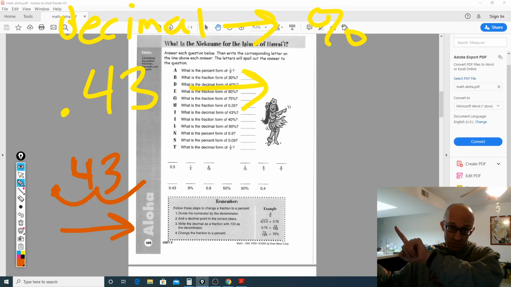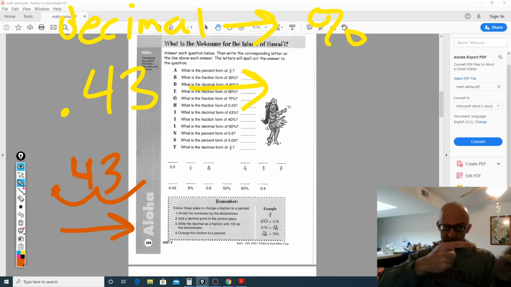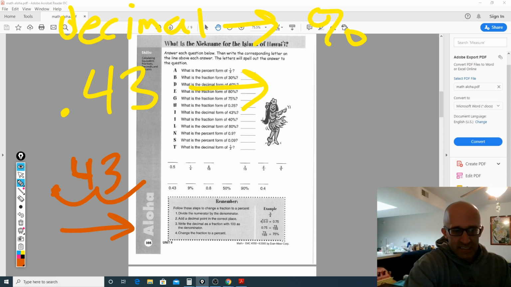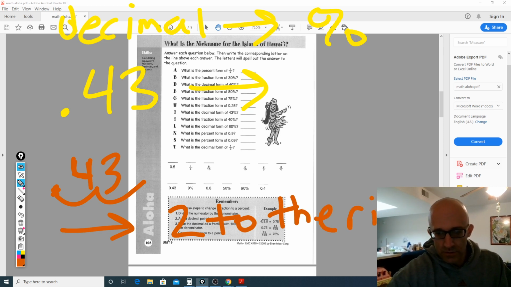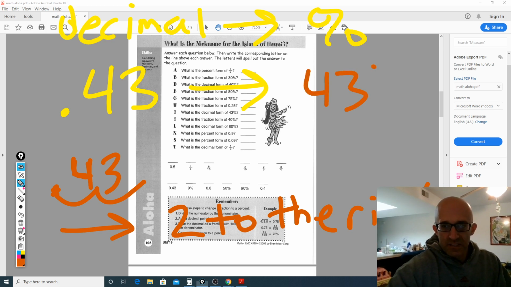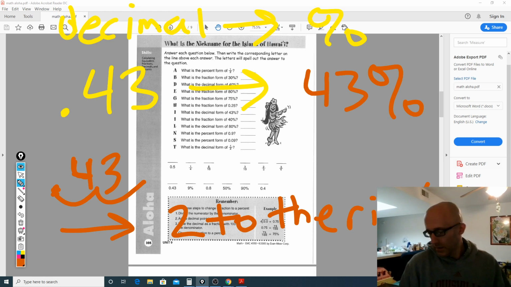Percent to a decimal is 2 to the left. If you were looking at me on the screen, it might be the opposite way. But needless to say, changing a decimal to a percent is 2 to the right. So 0.43 as a percent is 43%.